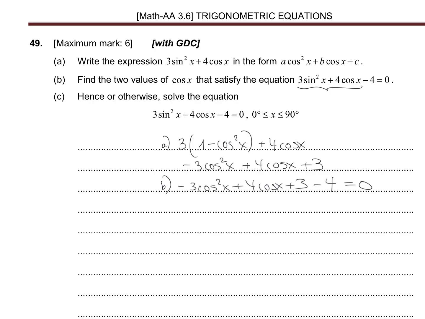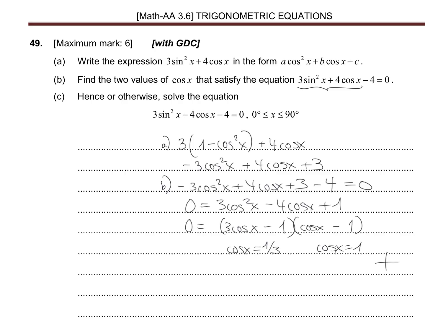So 3 cosine squared x minus 4 cosine x minus 1 plus 1 here. So we're going to have 3 cosine x and cosine x, and we're going to have 1 and 1. It needs to be positive, so it's the same sign, so it's going to be negative 3 minus 1. Okay, so that means we have cosine x here is 1/3, and cosine x is 1.